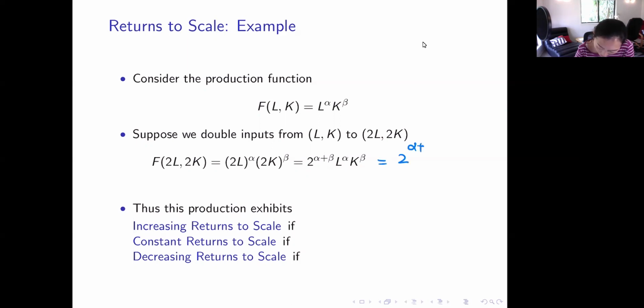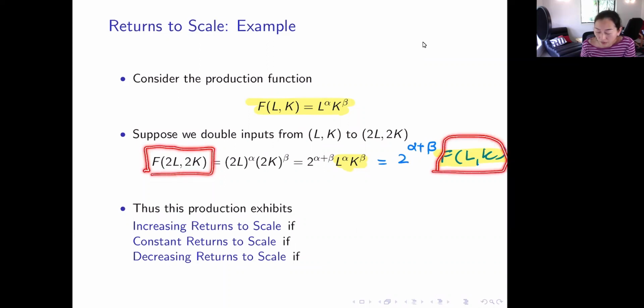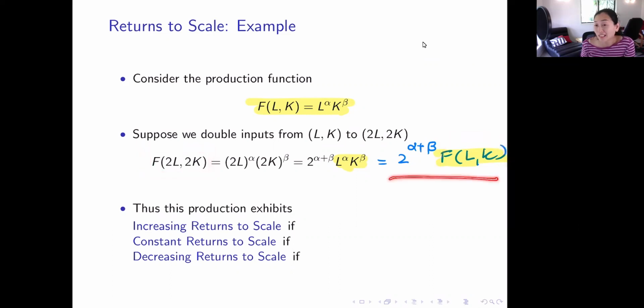So what you see here is that I can write it like this, right? This is actually just my original production function, right? So I can compare that. If I double both L and K, is my output more than double, equal to the double, or less than the double? In this case, it is clear that it would be equal to the double of the original output if alpha plus beta is equal to 1, right?